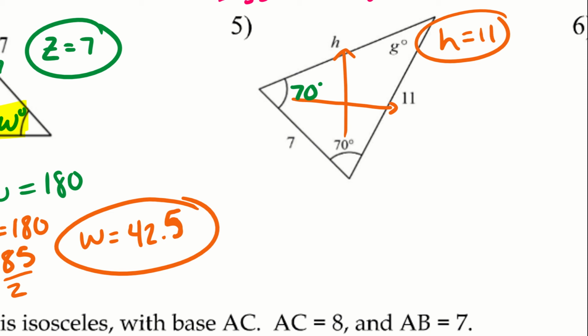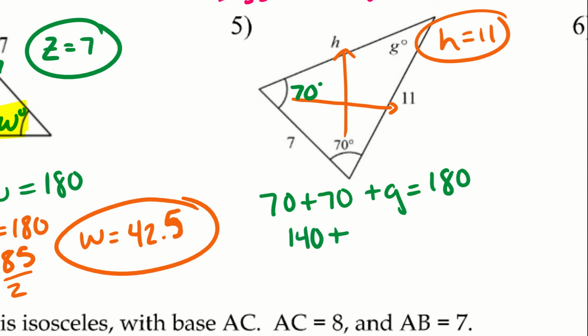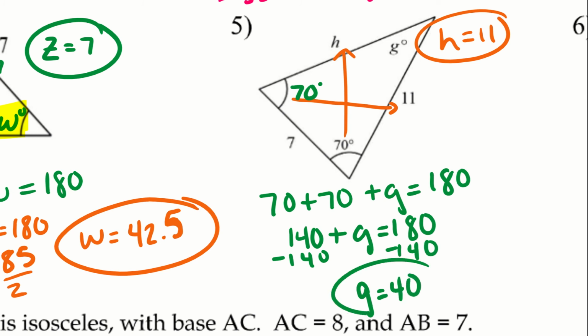So now I can use the triangle sum theorem. 70 plus 70 plus g equals 180. So now I have 140 plus g equals 180. Subtract 140 from both sides. G equals 40 degrees.